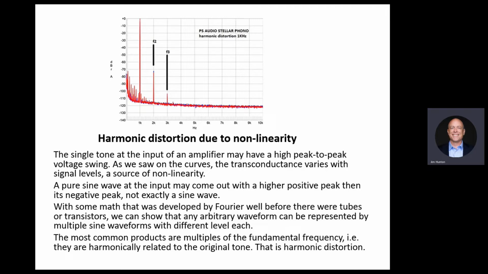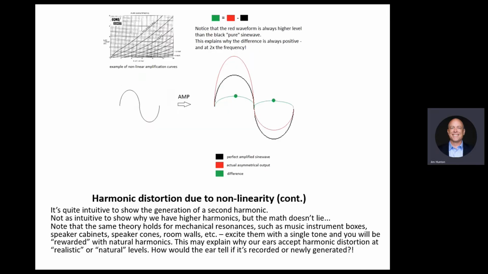Okay, so I'll demonstrate here the second harmonic. We looked at the tube curves, or any of them, the JFET let's say, and we saw that at the lower voltages it has lower gain than at the higher voltages.